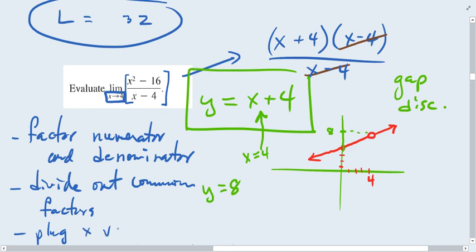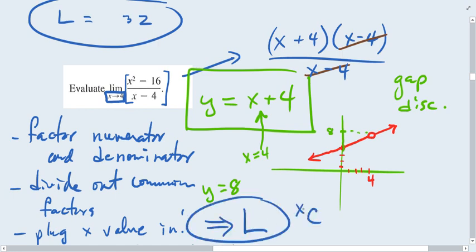Plug the x value into that expression, and that's going to equal your L. Then, of course, you might want to confirm by graphing, just to make sure that that is, in fact, the case. So I'll let you get this down here, and then we'll graph it together.